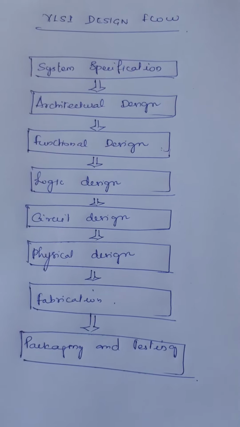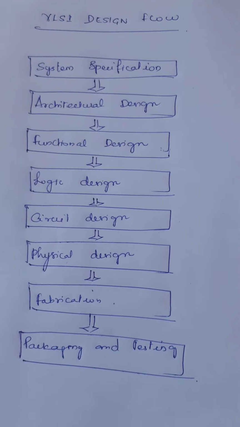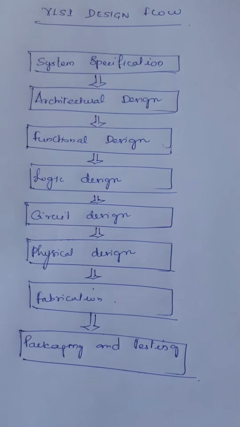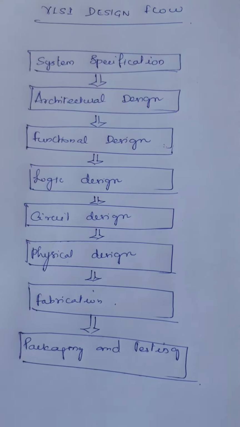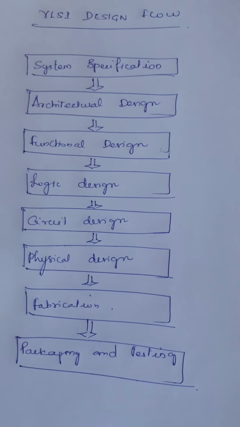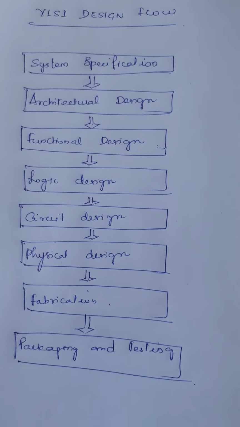So the layout is created by converting each logic component into a geometric representation, that is specific shapes in multiple layers, which perform the intended logic function of the corresponding components.